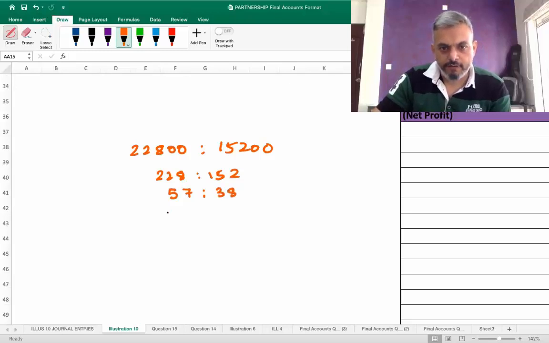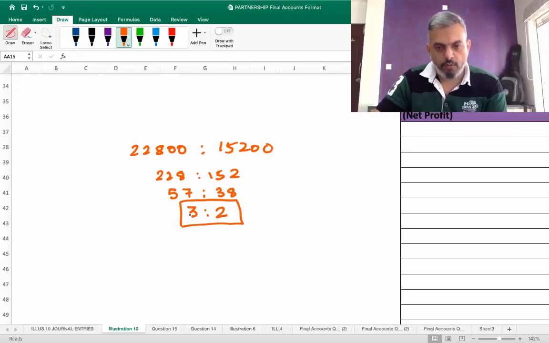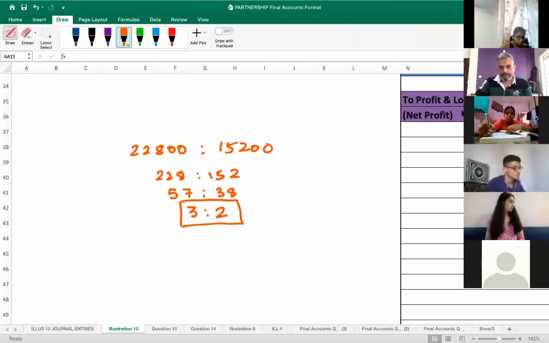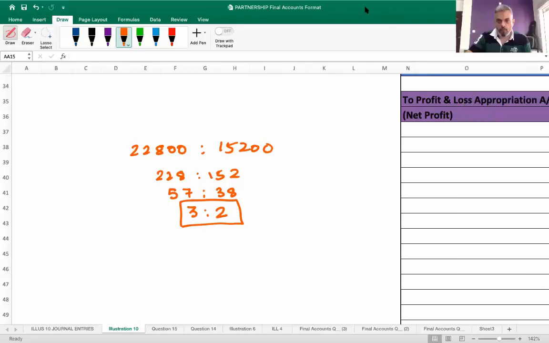So 19 threes, 19 twos. So 3 is to 2. Are you getting 3 is to 2? 3 is to 2. पता चला सबको कैसे आया? Okay, 3 is to 2.